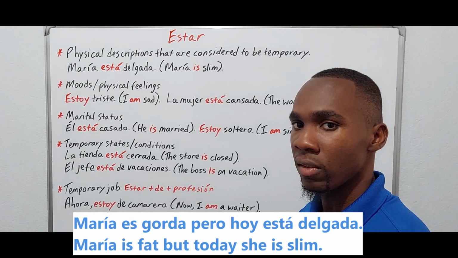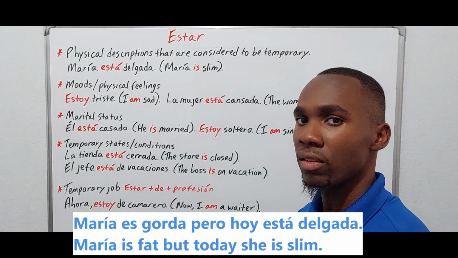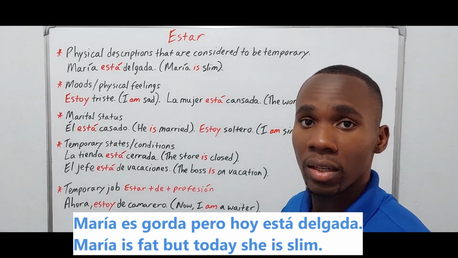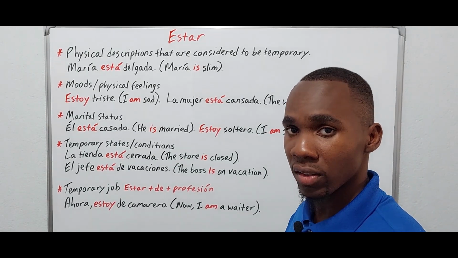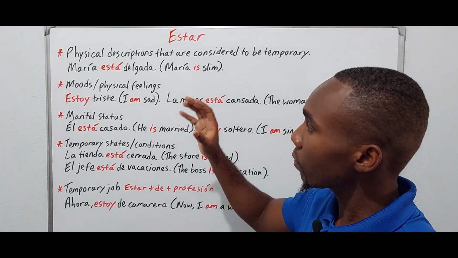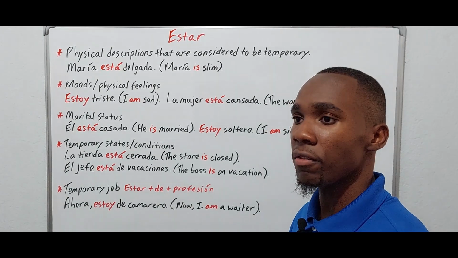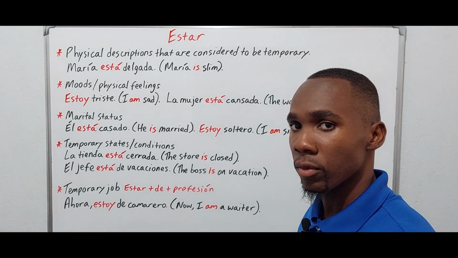So Maria is fat, but today she is slim. So that's saying that, I don't know, maybe she got on a diet or exercise routine and now she looks slim. But this is not how she was most of the time. So when we use estar with physical descriptions, we are conveying that this is only in the moment. Okay?